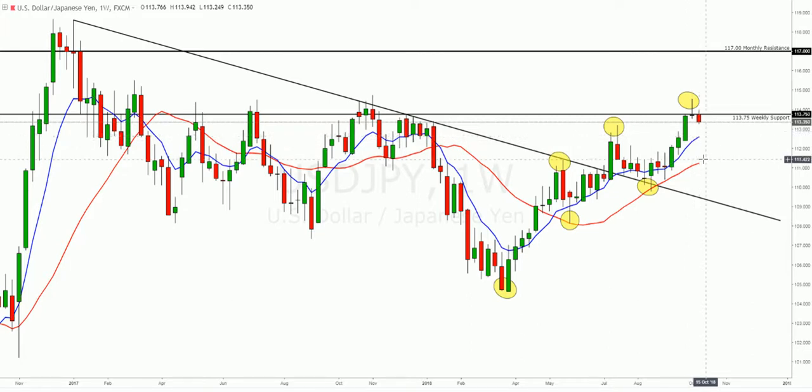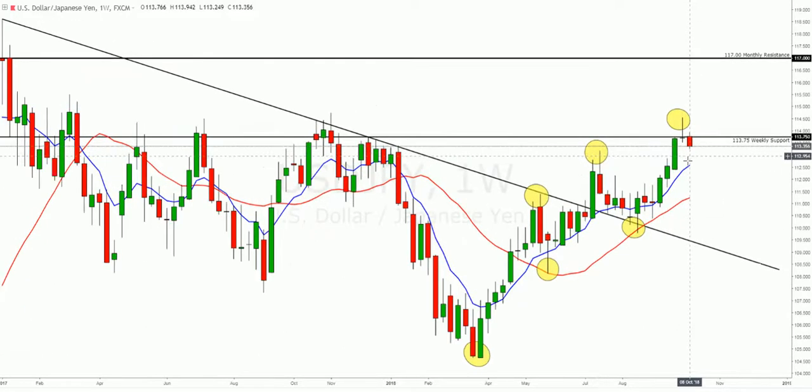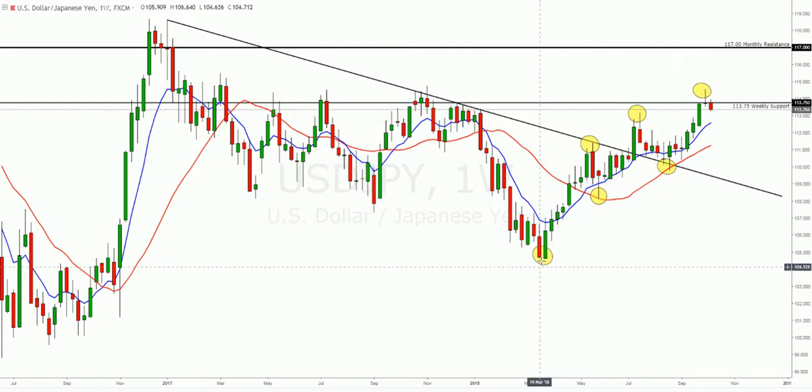I'm not sure how much lower than that. Potentially we could be visiting the 111s, 111.50. However, I wouldn't like to speculate past a cap of this exponential moving average, because this market is looking nice and bullish currently.